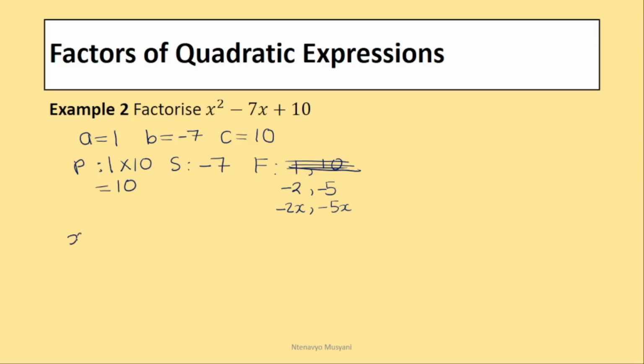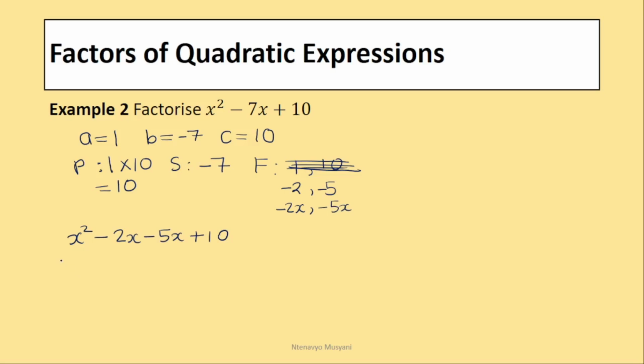Then I express those two as a sum of negative 7x. So this quadratic expression is now written in the form x squared minus 2x minus 5x plus 10.